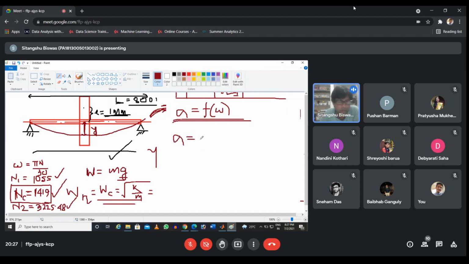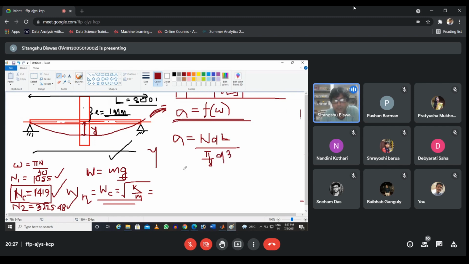Sigma is equal to W D L by pi by 8 into d cube.